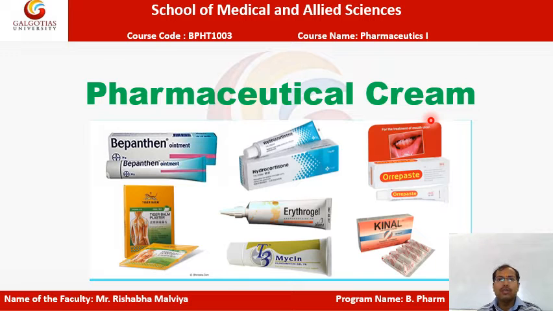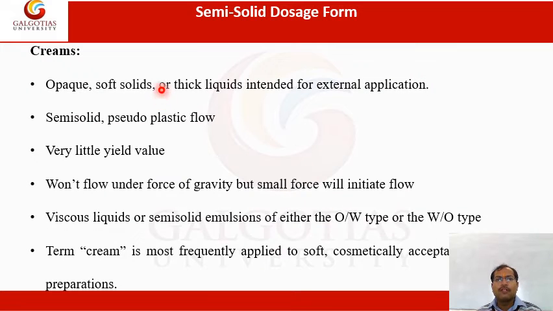University. Today we will discuss semi-solid dosage form and specifically pharmaceutical cream. Pharmaceutical cream can be defined as a semi-solid dosage form which is generally applied externally over the skin or mucous membrane.